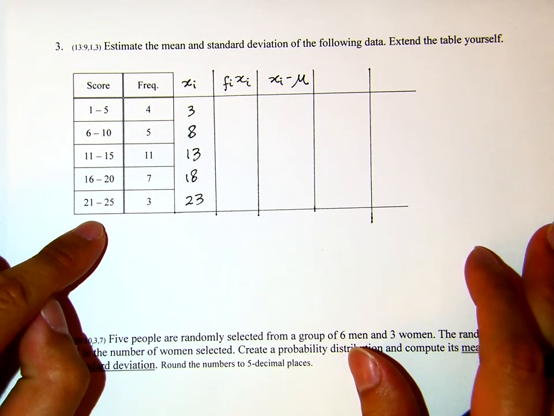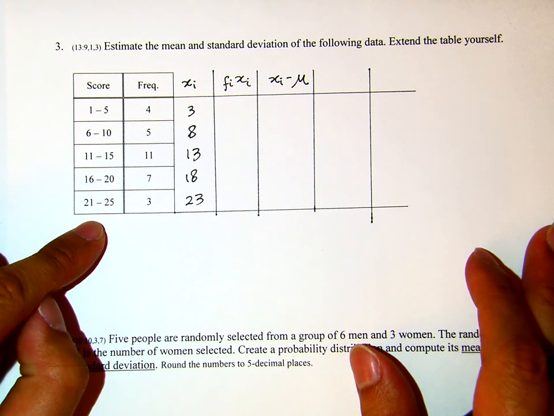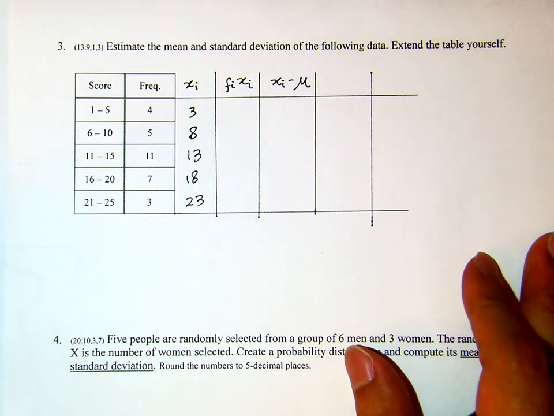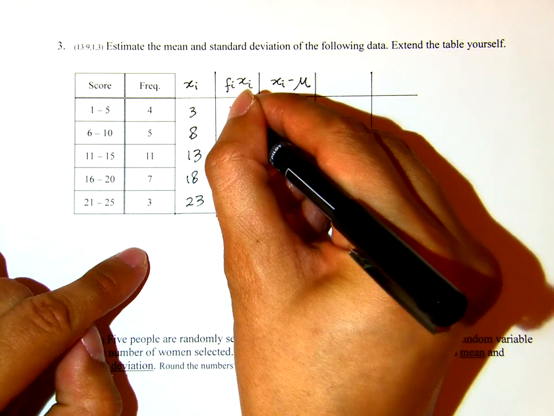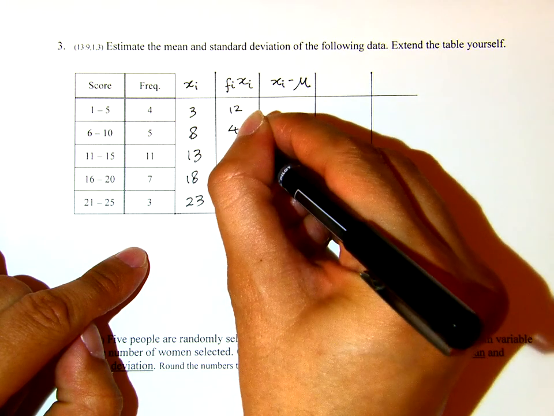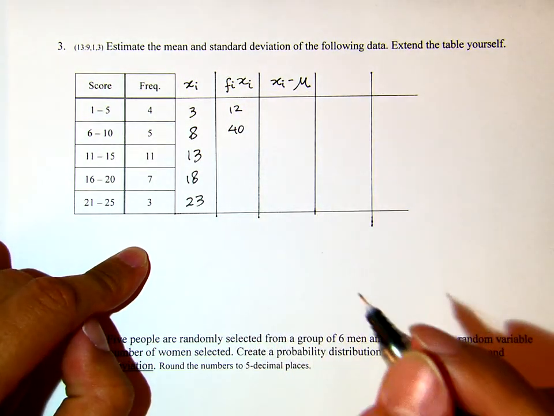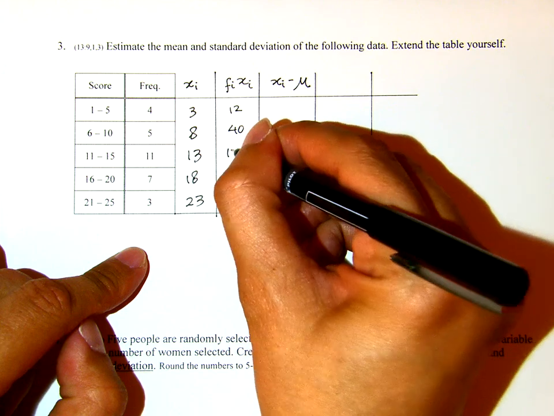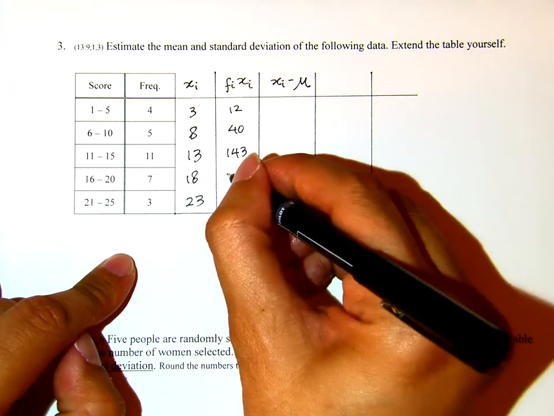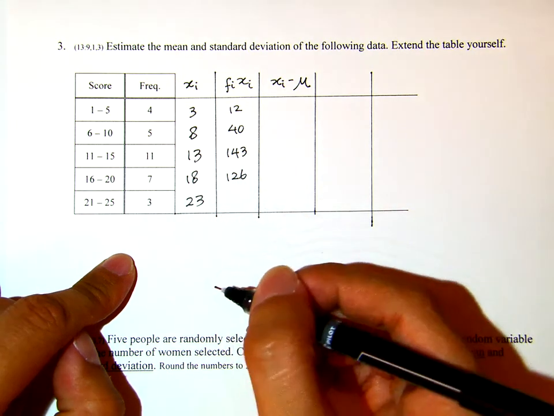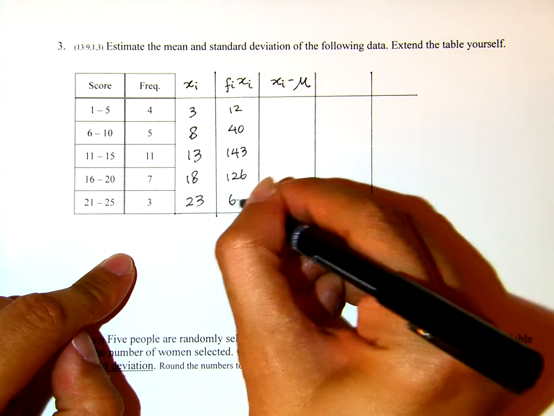Now the frequency multiplied by the midpoint: this will be 12, 40, and then 143. Yeah, you can use a calculator for that. This is 126, and this is 69.